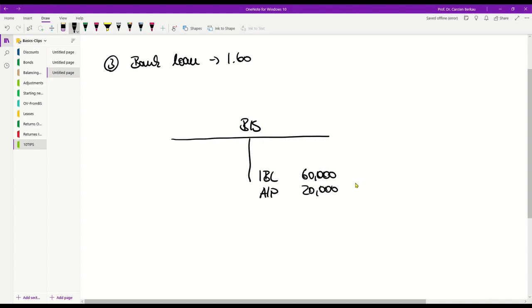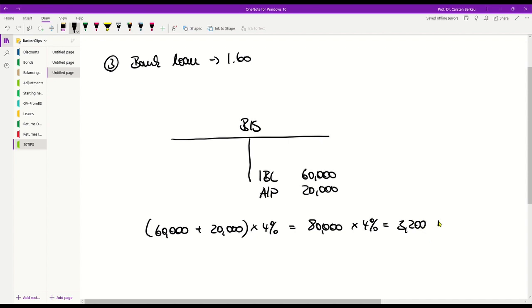If the task now is to calculate the interest, you must first add the interest-bearing liabilities and the accounts payables, only those portions which are linked to the bank loan, obviously. So that gives you 60,000 plus 20,000, which you must multiply with the rate of interest, let's say 4%. And that gives you 3,200 euros.